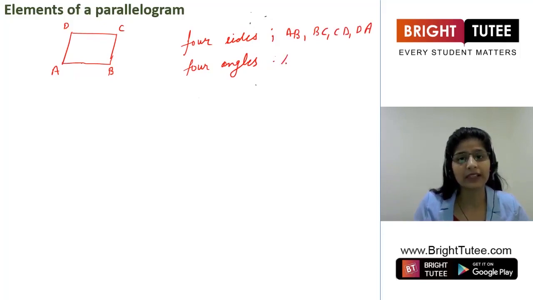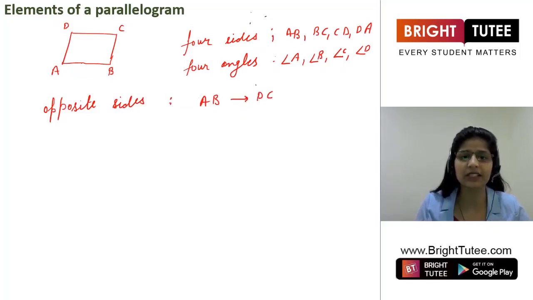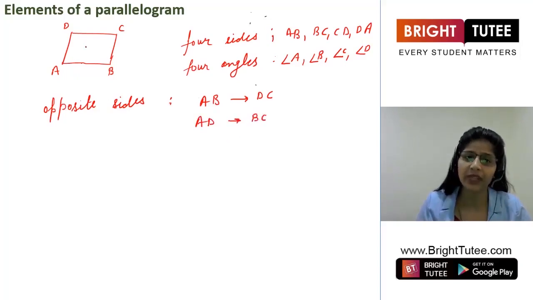What about the angles? Angle A, angle B, angle C and angle D. These are the four angles. Now we say opposite sides. Okay, what are opposite sides? Opposite sides, we can take an example like AB is opposite to DC, and vice versa. We can say the same thing, DC is opposite to AB. Similarly, we can say that AD is opposite to BC, or BC is opposite to AD.